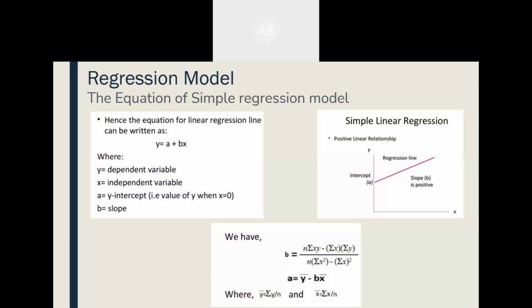Similarly you can find a, the intercept, by y bar minus b into x bar. What are y bar and x bar? These are again described in the equation. So there may be changes of a or b depending on different straight lines, and the slope can be positive or negative depending on the relationship. So this is a simple or linear regression model.